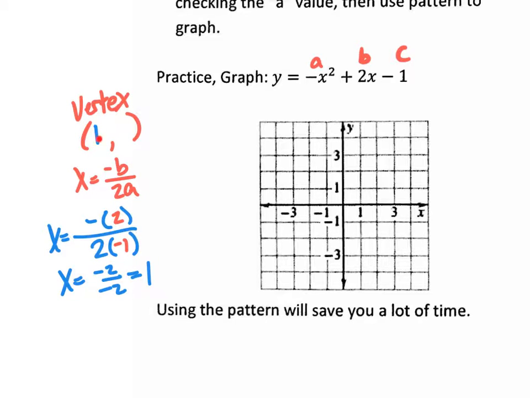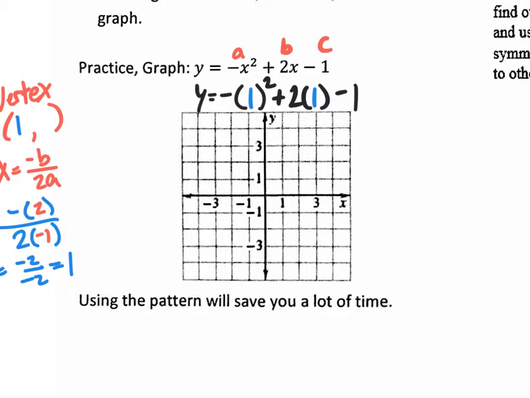Once you know the vertex x value and you need the y value, all you have to do is plug the x value into the x's of your equation. The smart thing to do is to rewrite your equation with parentheses in the location where you're going to be plugging it in place of the x's, and then work it out.